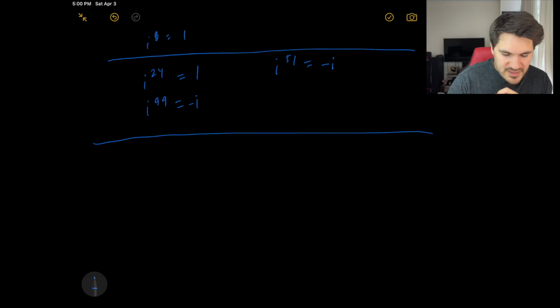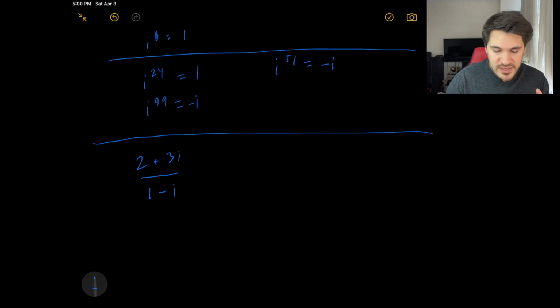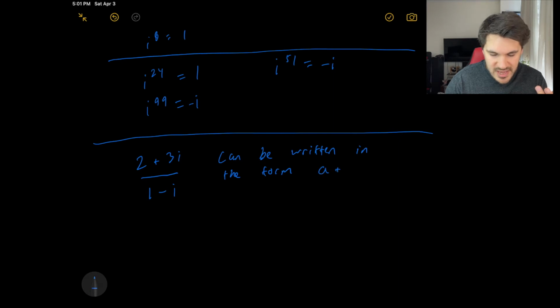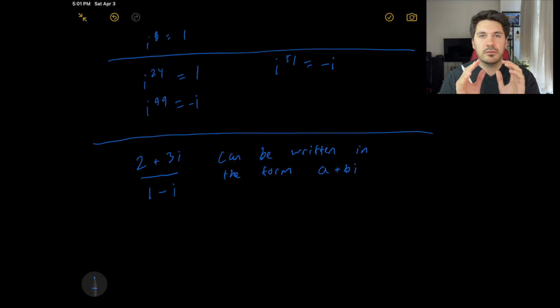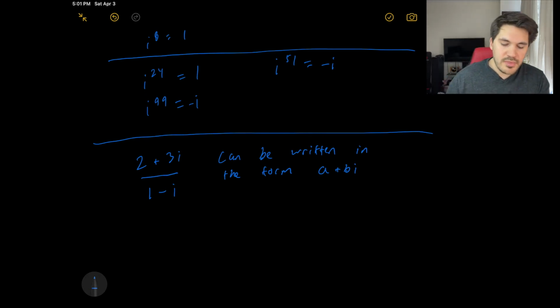They'll tell you that, for example, 2 plus 3i over 1 minus i can be written in the form a plus bi. In other words, that this can be written in the form where you have some real number plus an imaginary number.